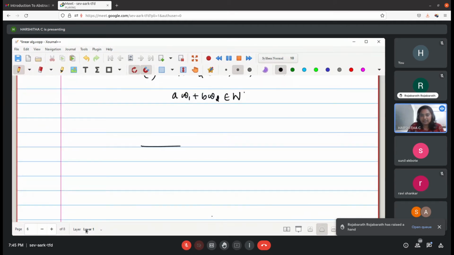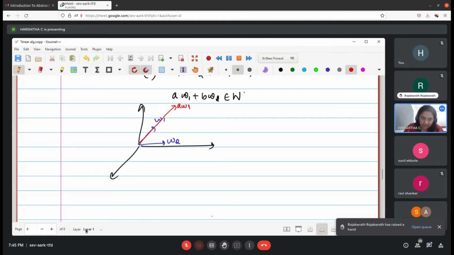So what does it mean? We have, let's say, R3 and we have W and we have two vectors, W1 and W2. When we say a times W1, what does it mean? It is some rescaling. The direction remains the same, but it is getting rescaled by some factor.